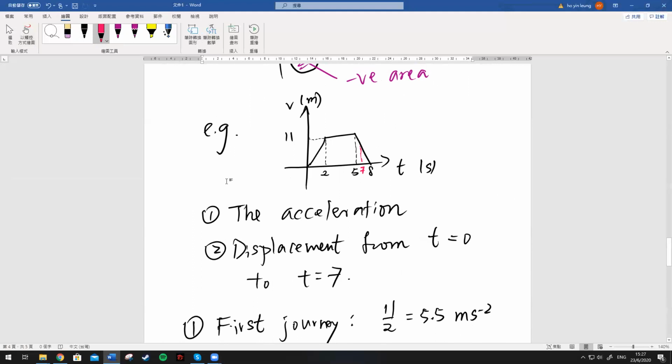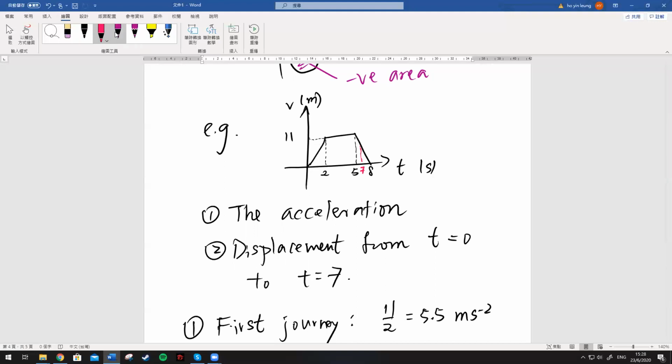The main difficulty is to find, for example, the area of this triangle. You can do it in 2 ways: find the trapezium and then subtract this triangle, or find this trapezium first and then add this other trapezium. I think finding the triangle would be easier.